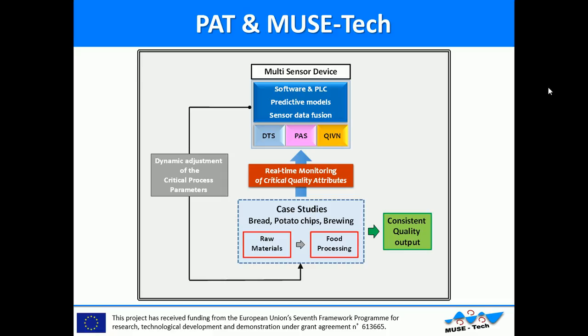Each MSD may monitor in real time several critical quality attributes from in-process raw material of the specific target case study. The information obtained by the sensors is used to predict the final quality of the products and to adjust the critical process parameters to ensure a desired and consistent level of quality at the end of the processes, following the principle of the PAT strategy.